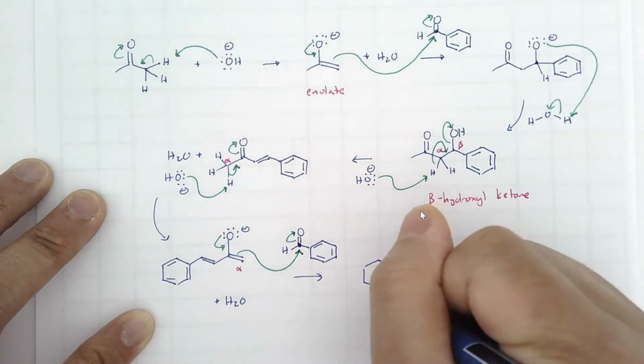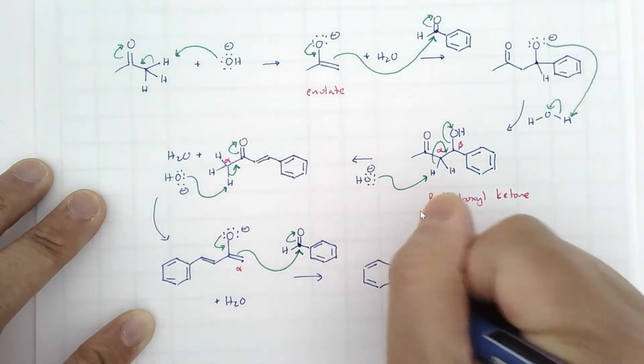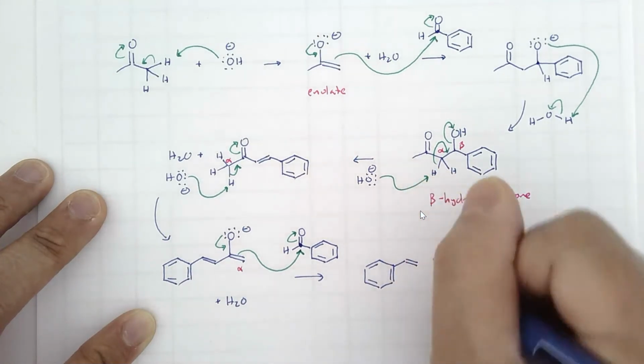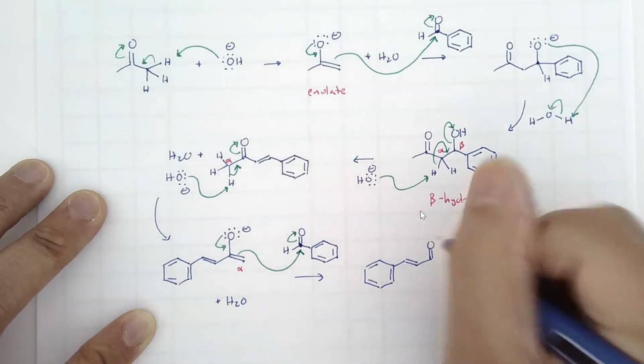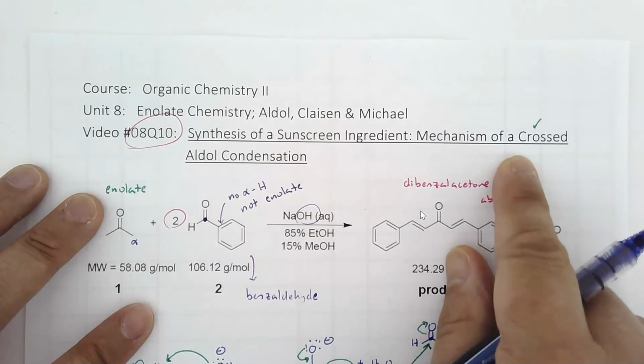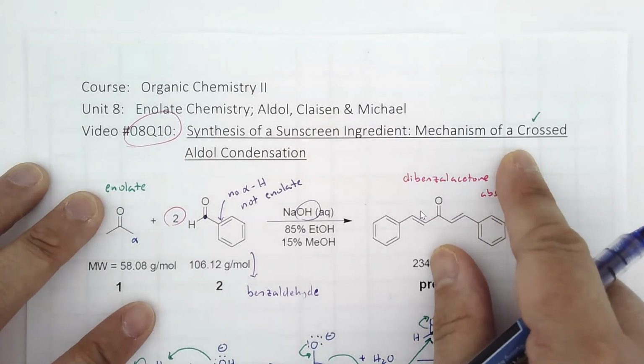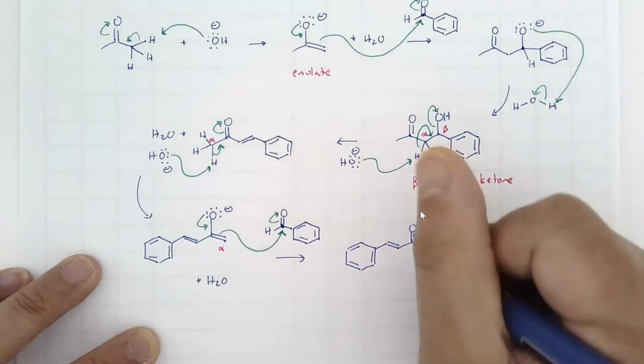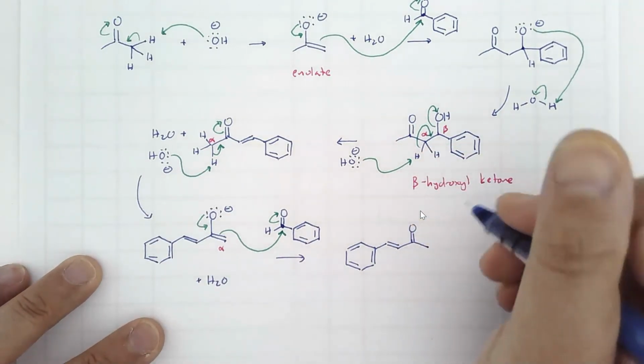Okay, it's a little bit tedious. You know what we could have called this actually? We could have called this a double crossed aldol condensation because we're doing a cross aldol condensation on each side of acetone.